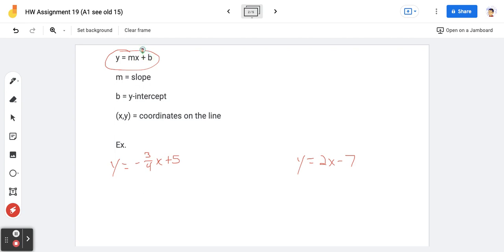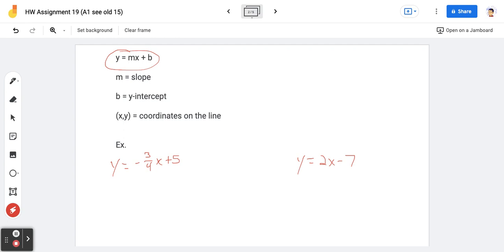M, as we mentioned before, is going to be our slope. So that's going to tell us the steepness of our line. B, as we saw before, is going to be our y-intercept. The x and y in the equations are simply coordinates that are on that line. Whatever the line is, those are coordinates that fit it.